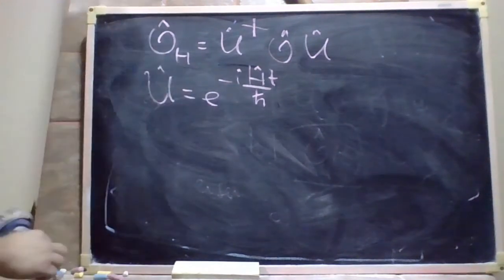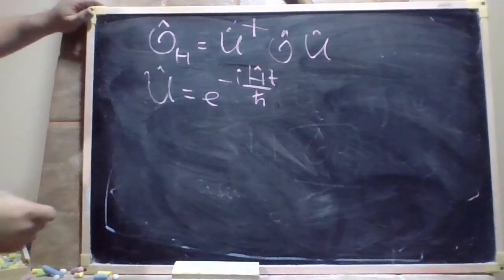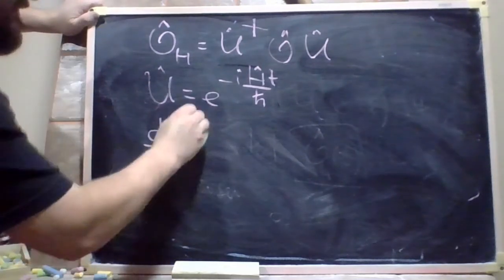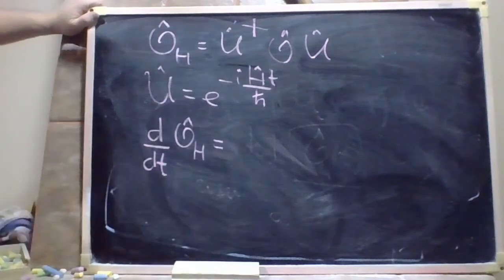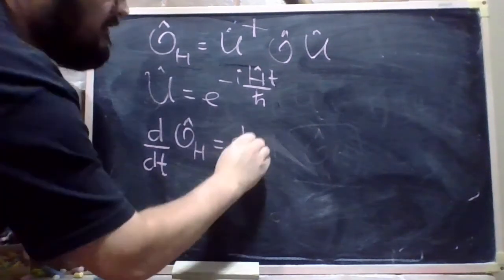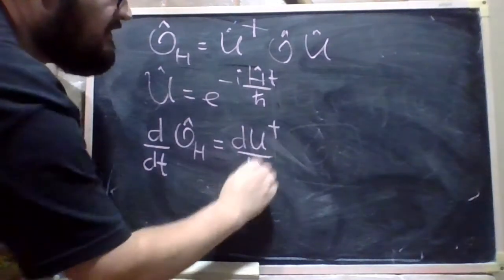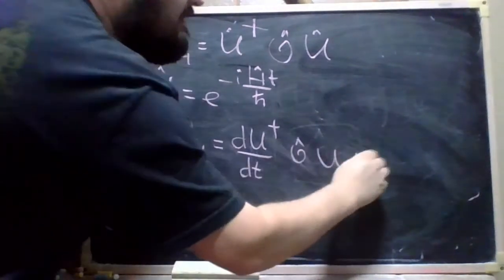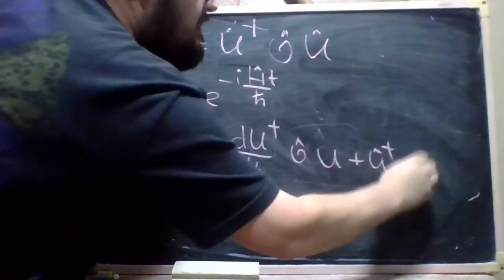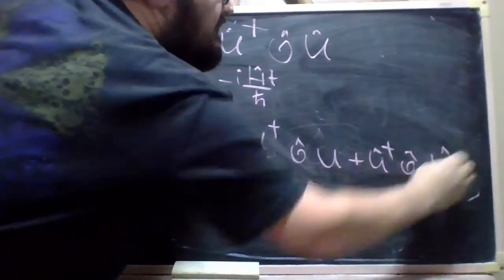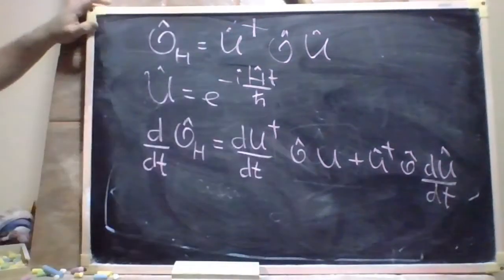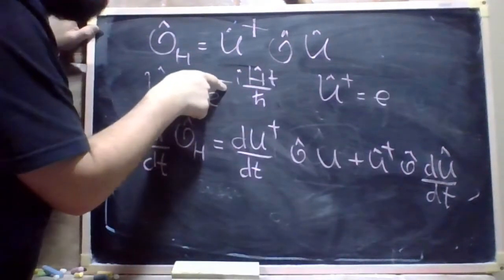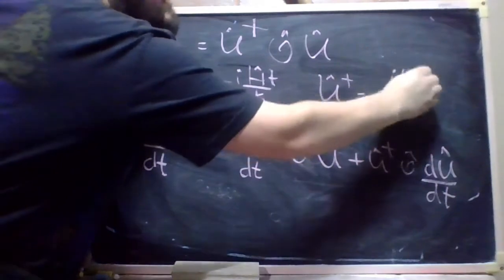All right. So if you want to calculate the time derivative of a Heisenberg operator, you calculate this derivative: the derivative of U dagger times the operator times U, plus U dagger times the operator times the derivative of U. But remember, U dagger is just a change in sign for the imaginary unit.